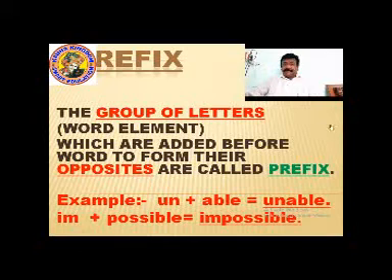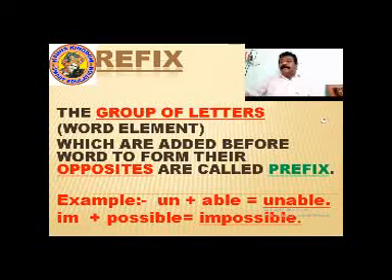What do you understand by group of letters? The group of letters can be 1, 2 or 3 or maybe 4. When we call prefix, what do you understand by pre? Pre means prior to the root word.